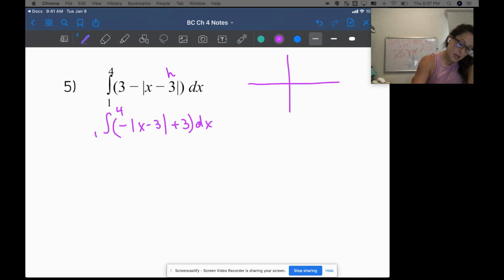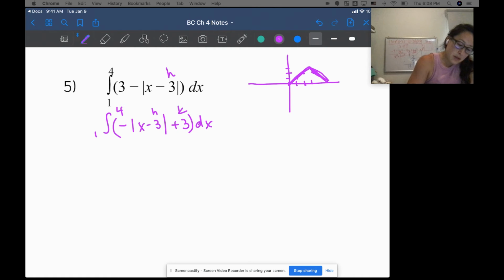And so I can see my h is 3, my k is 3, and I have an a value of -1. So my vertex is going to be at 3, 3. And then I have a regular old scale factor, but negative, so it's going to go down like so. A slope of a positive 1 and a slope of -1.